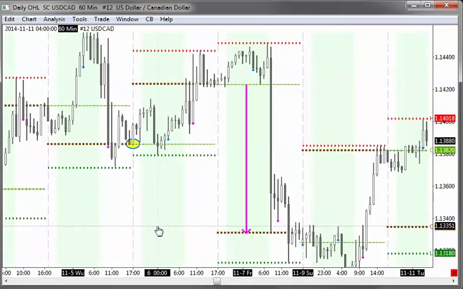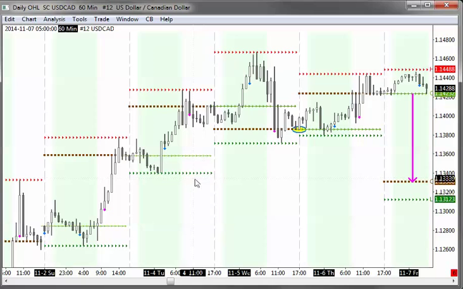Similarly here, again the smoothness of the move was between the open and the close. Here the smoothness of the move was we went above it, we come back down below it, and we almost close.